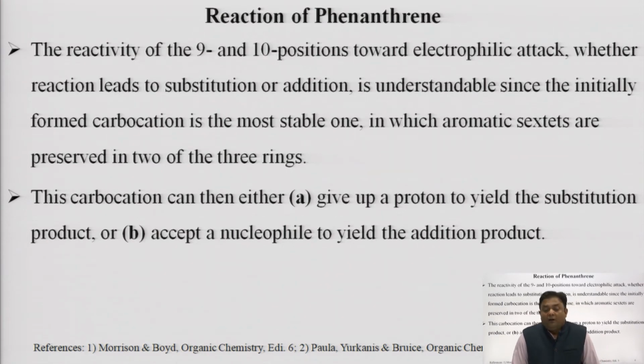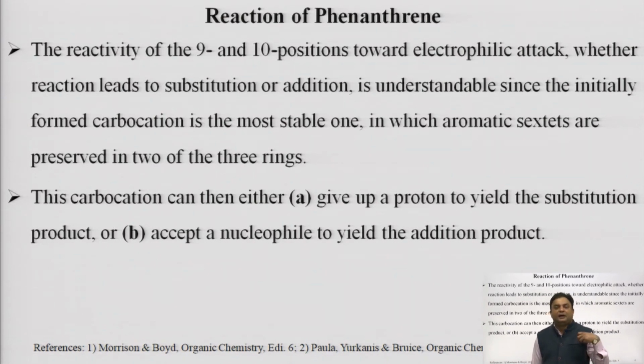If all the resonating structures formed in the electrophilic substitution reaction are the same, meaning all have tertiary or secondary carbocation, then we check another parameter: out of the 3 rings of phenanthrene, how many rings have the aromatic structure intact.